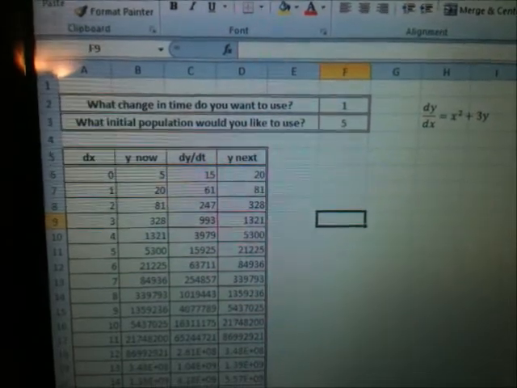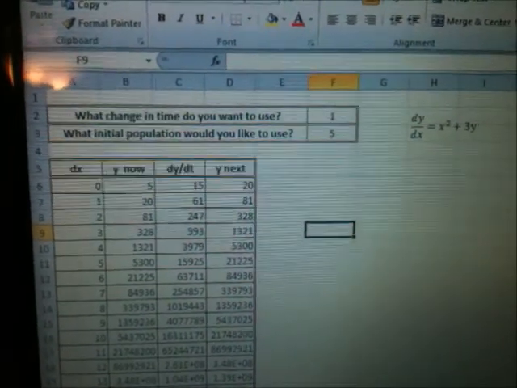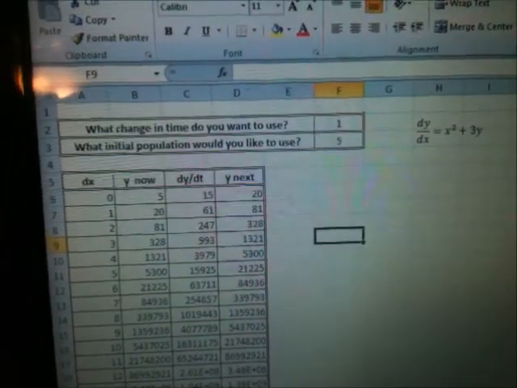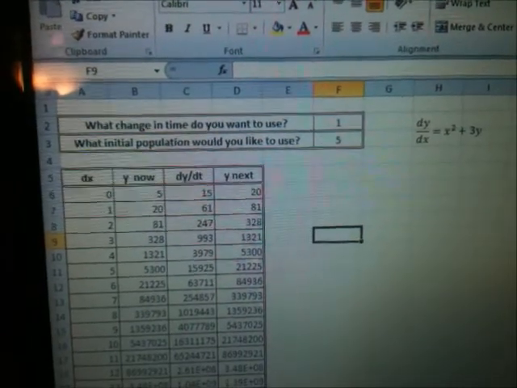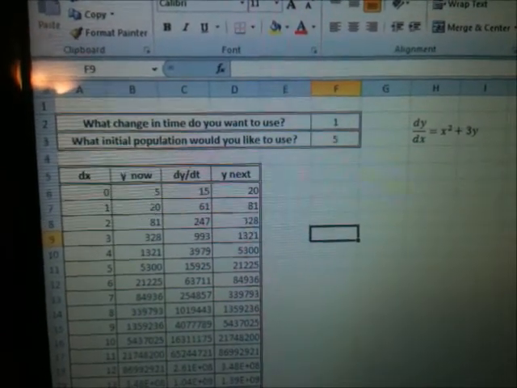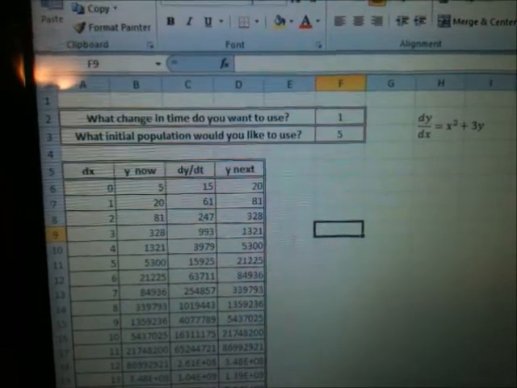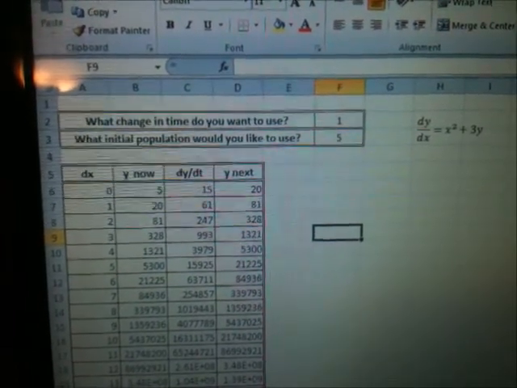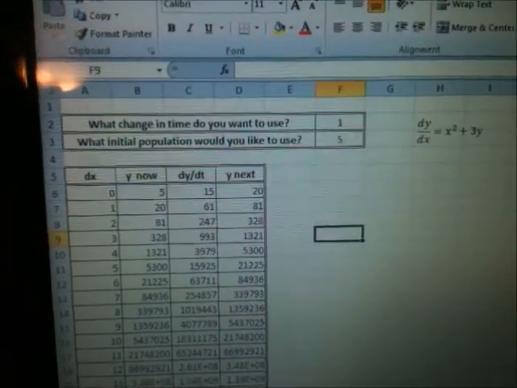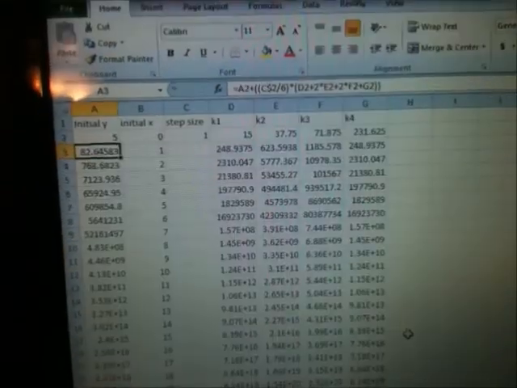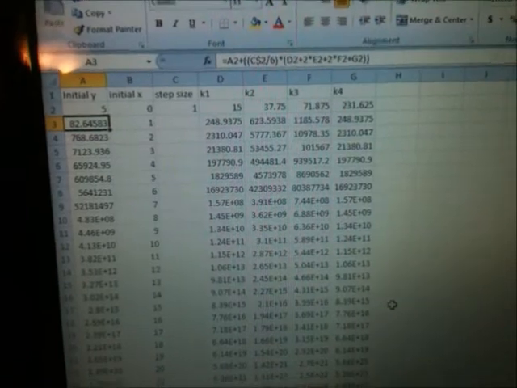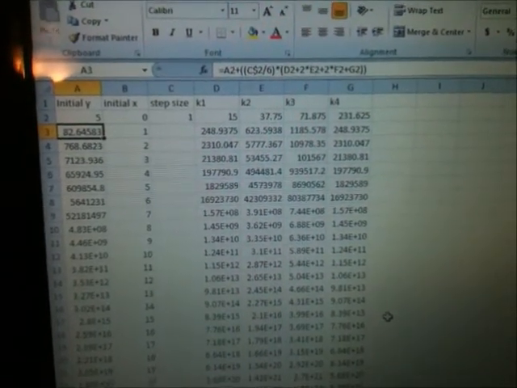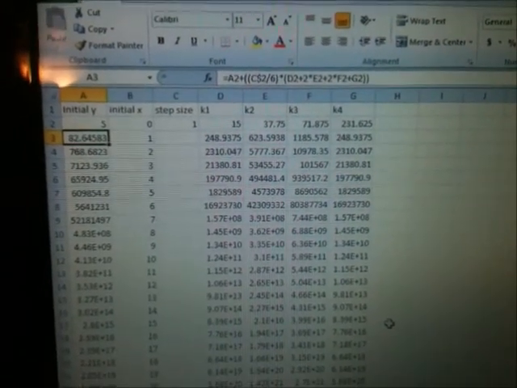And if we go over here to Excel and we punch in our differential equation of x squared plus 3y with the initial conditions of when x is 0, y equals 5, we can see that with the step size of 1, with Euler's method, when x is 1, y equals 20. And 20 is quite a ways off from the 101 that we saw on the graphing calculator.